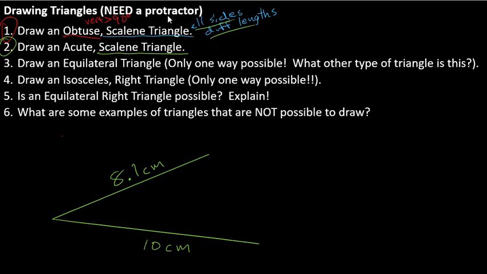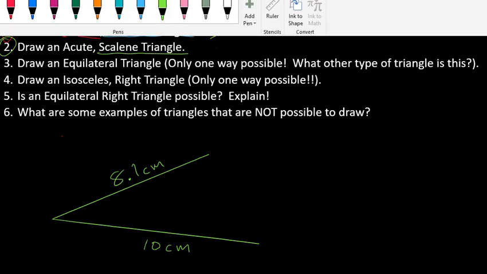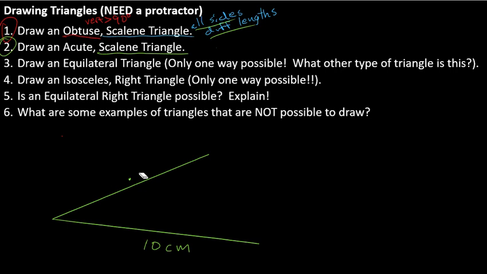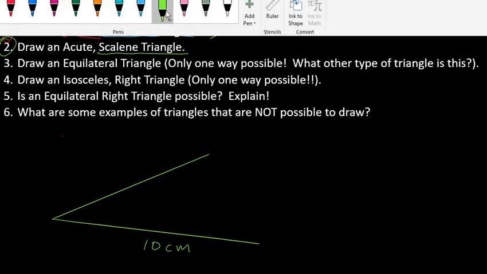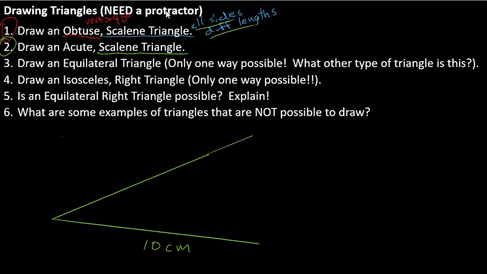Based on what I've drawn so far, I'm going to have to make this other side longer. So 8.1 centimeters is not going to work. I need to make it a little longer so that my other vertex is smaller than 90 degrees.